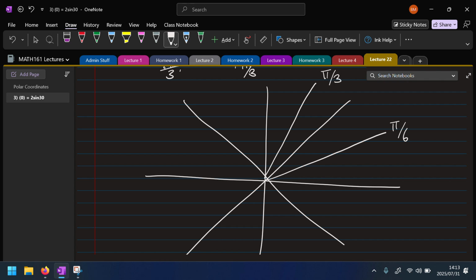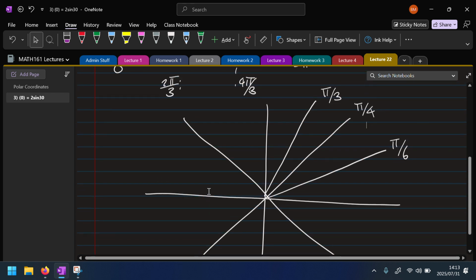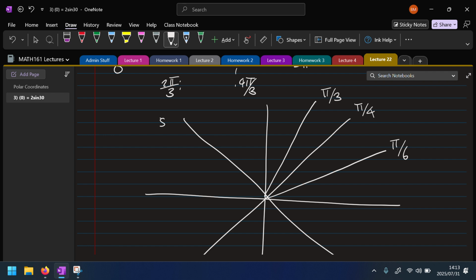Okay, and then in between, that's our pi over 4. So we'll see once we've done with this first quadrant, then the other quadrants are just copies, okay, as we go around. So if you get the first bit, then it just copies over. Okay. And then this other line here, that's going to be 5 pi over 6. Okay, so we're just reflecting over there.